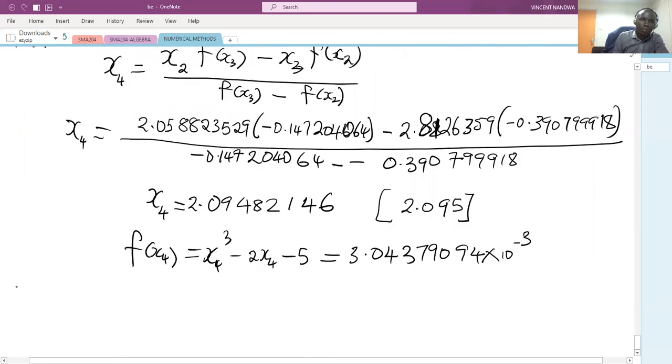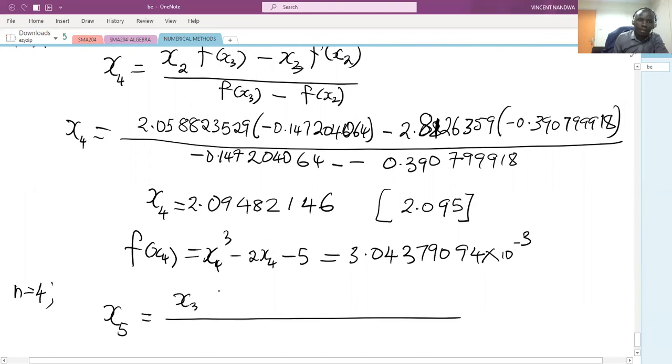So n equals 4, x5 will be x3 f of x4 minus x4 f of x3 divided by f of x4 minus f of x3.